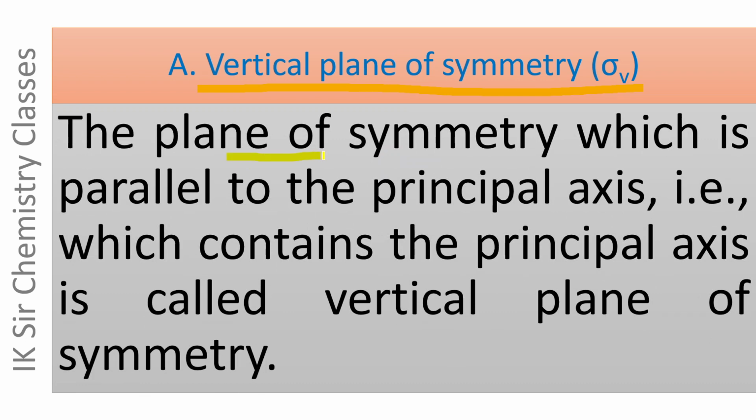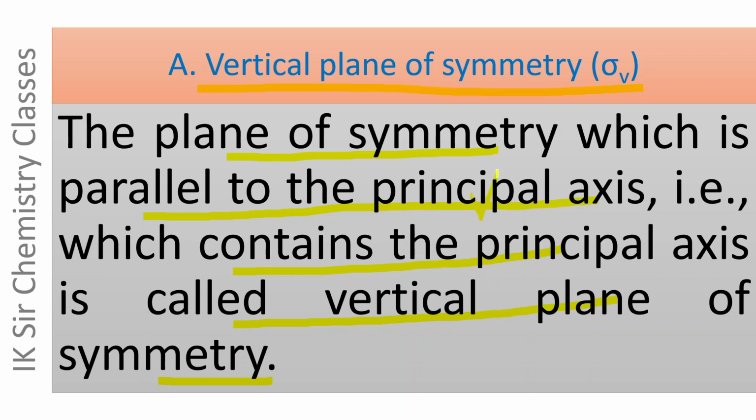The plane of symmetry which is parallel to the principal axis, that is which contains the principal axis, is called vertical plane of symmetry. Let us recall principal axis of symmetry.